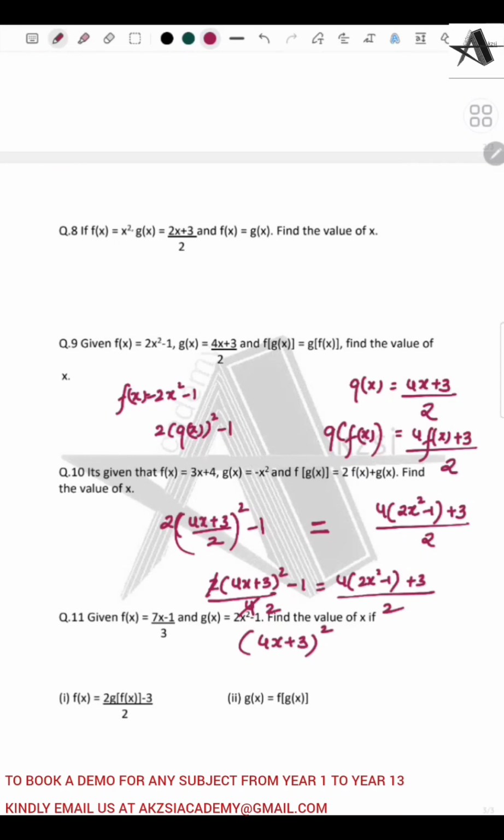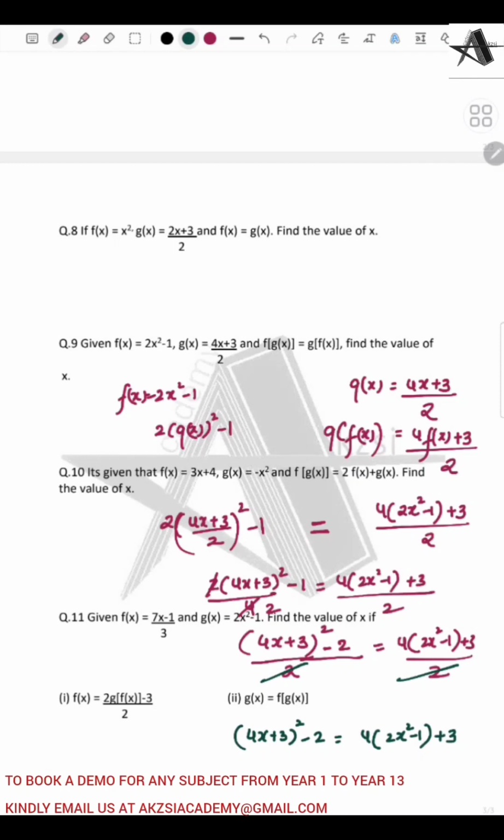So (4x plus 3) whole squared over 2 minus 2, I took the LCM here, is equal to (4 times (2x squared minus 1) plus 3) over 2. Since I made the denominators same, I need to cancel 2 and 2.